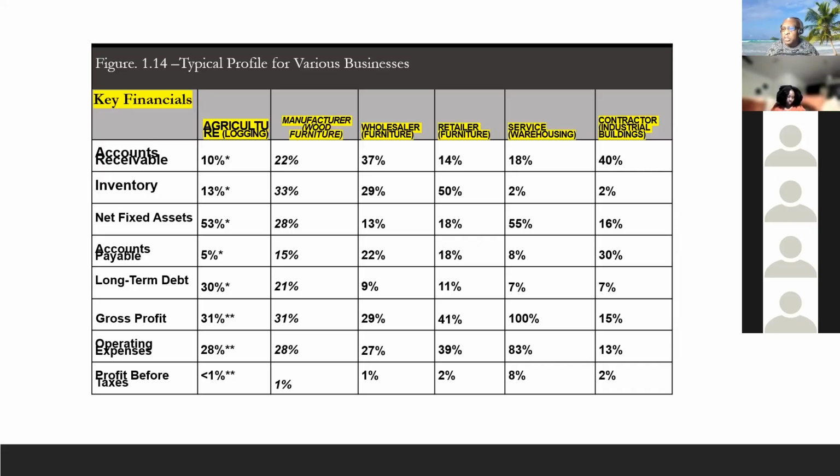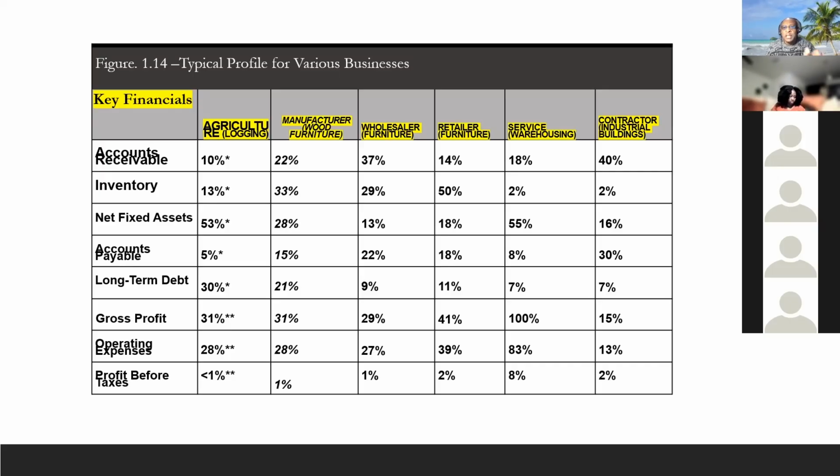But if you saw receivables, it doesn't mean automatically that you disqualify them or you turn the loan down. But what it does mean is, based on your knowledge of the industry, you would want to ask why. And hopefully there will be a legitimate answer, right?